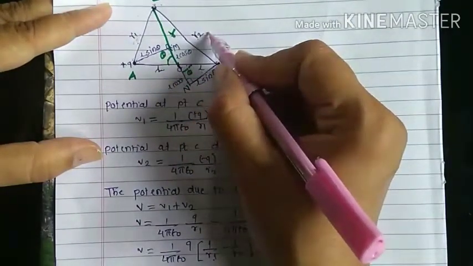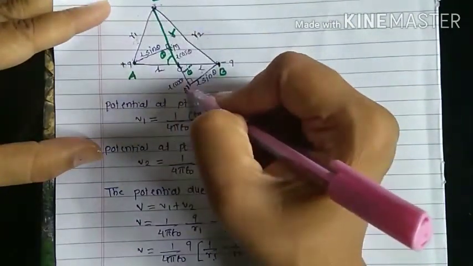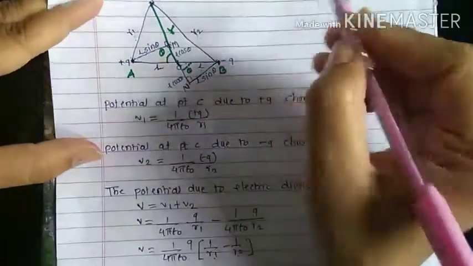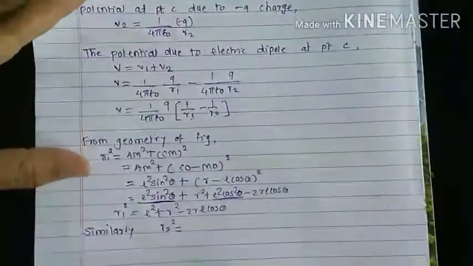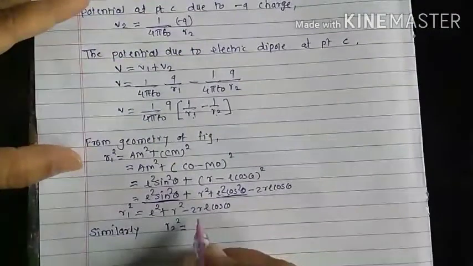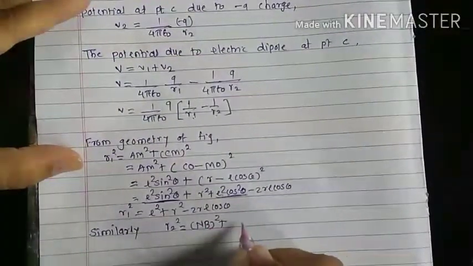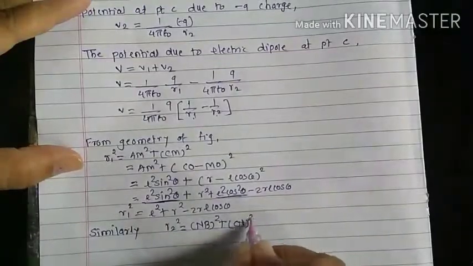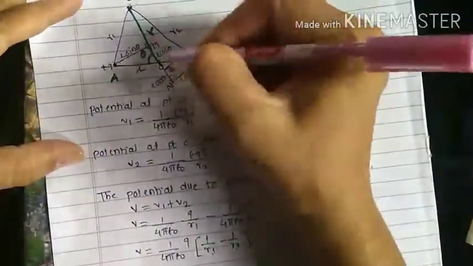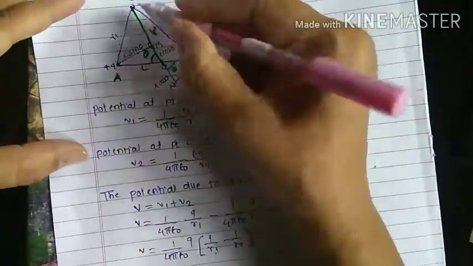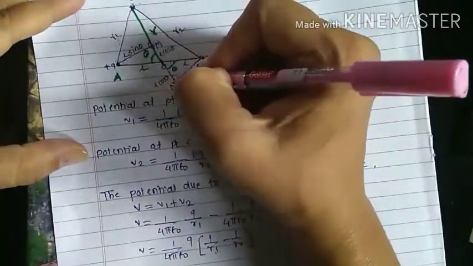R2 square is equal to CN square plus NB square. Let me write here, R2 square is nothing but NB square plus CN square. We know that this CN is equal to OC plus ON.